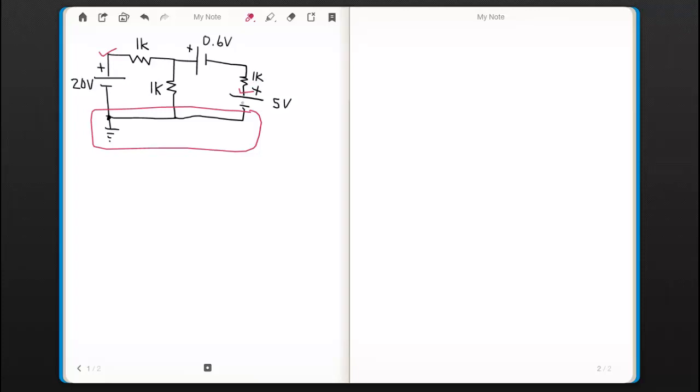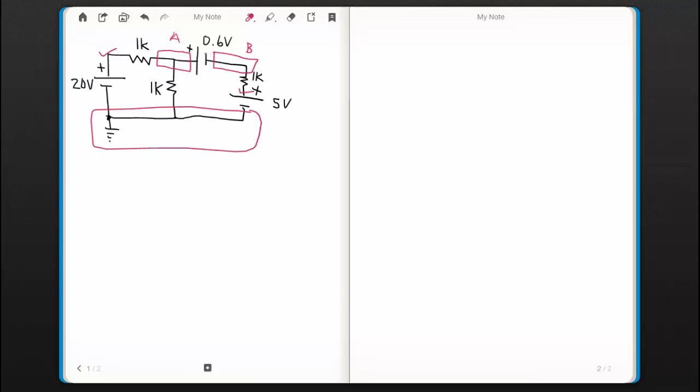There are 5 volts at this node with respect to ground. So what we have here is two unknown nodes. There's an unknown node here that I'm going to label A, and on the other side of this 0.6 volt source is also an unknown node that I'll label B.